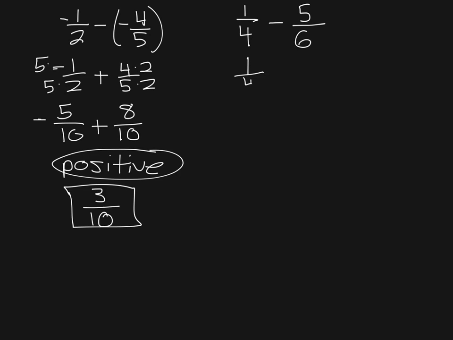addition problem. 1/4 plus negative 5 over 6, right? Changing it from minus positive 5 over 6 to plus negative 5 over 6. Now my lowest common denominator here, 4 and 6, I know both go into 12.